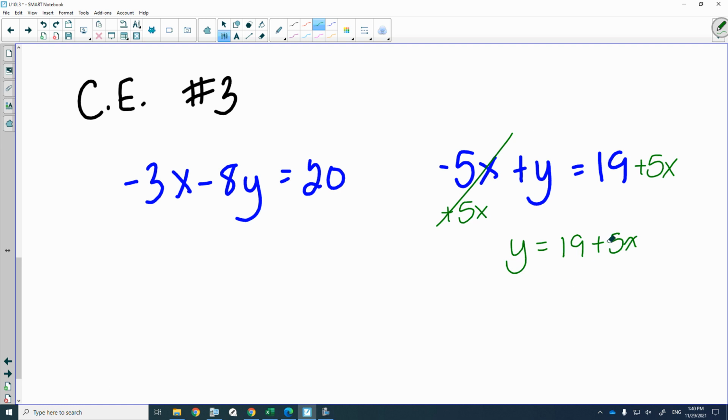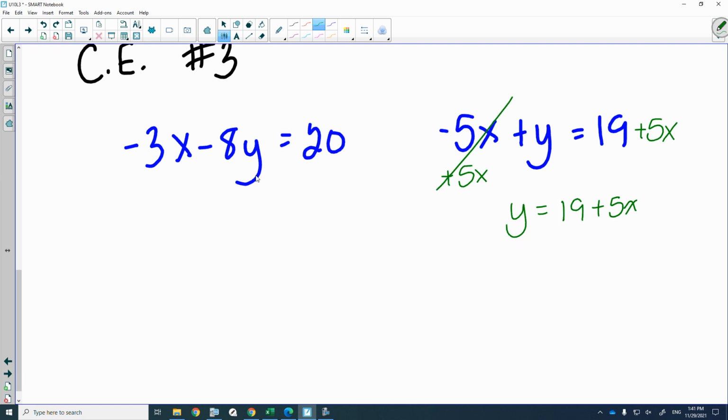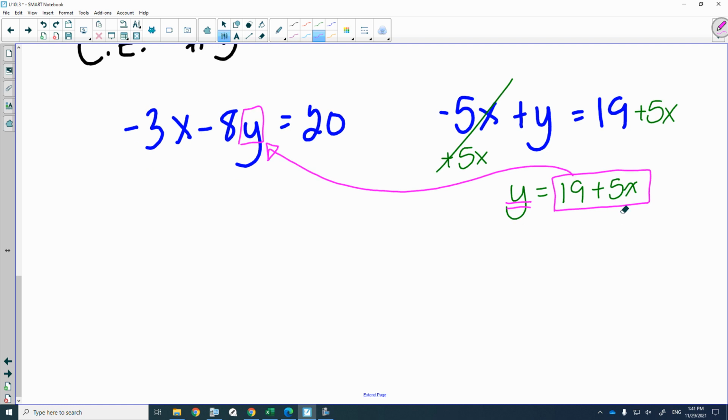If you know what y is on this side, find your y in the other system. So y is equal to this. Here's a y. The substitution happens when I do that. I'm substituting this y for 19 plus 5x.